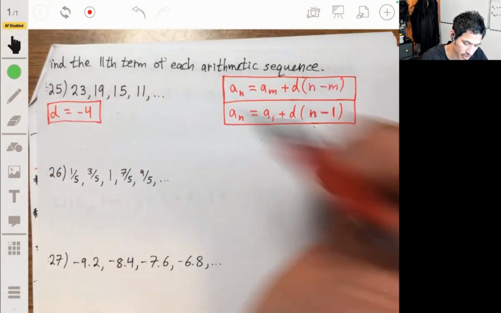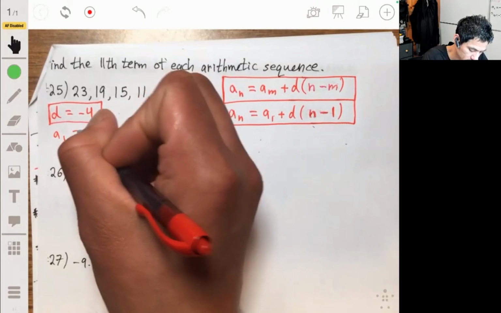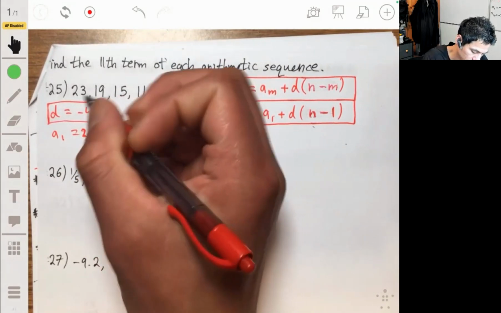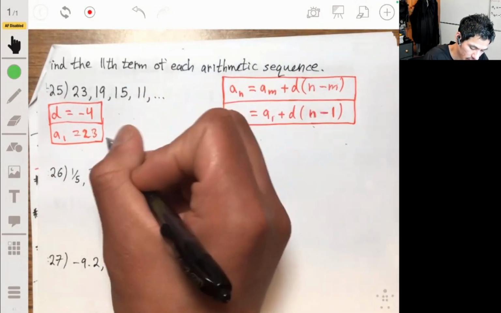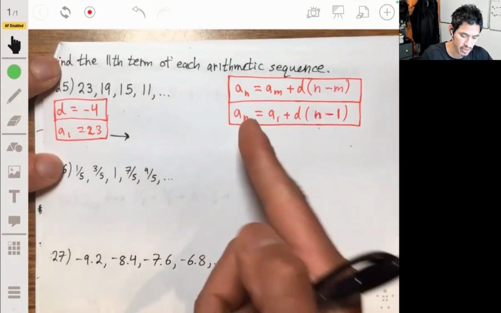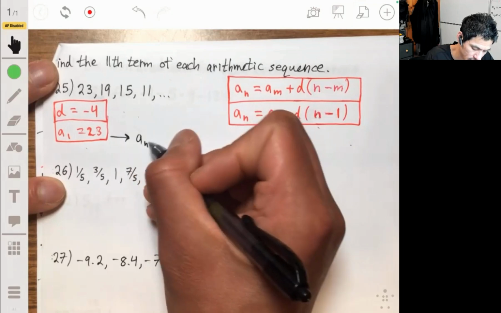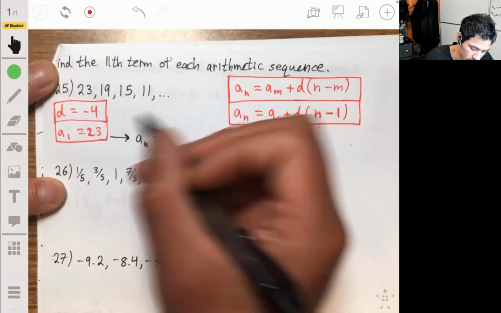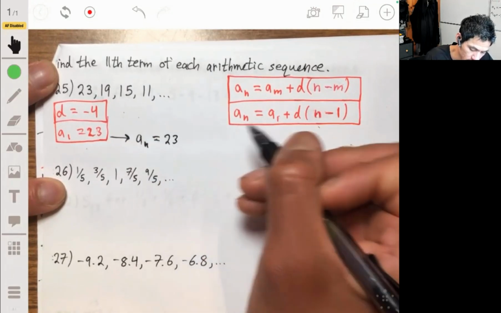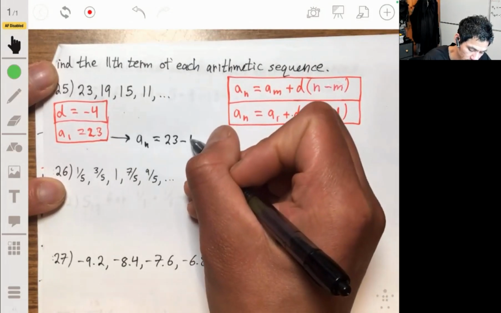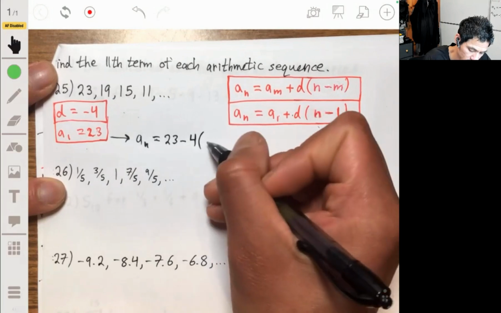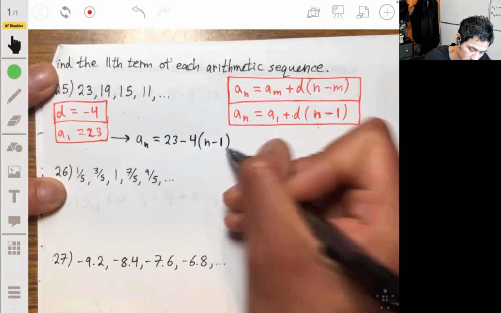So then we can use a1 is just 23. From there, just plug it in. So then an will be a1, which is 23, plus d, which is plus a -4, times n minus 1.